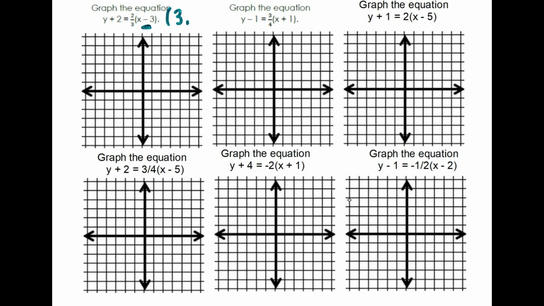My y coordinate, if that was a positive 2, that means it had to start off with a -2. And my slope is 2/3. So graph the point (3, -2). And now graph the slope. Up 2 to the right, 1, 2, 3. Down 2 to the left, 1, 2, 3. And then I have my line.